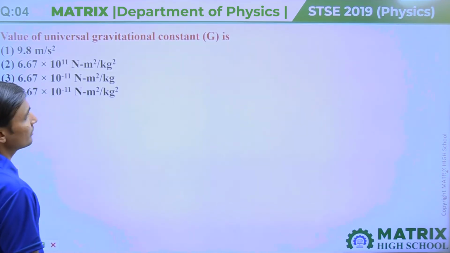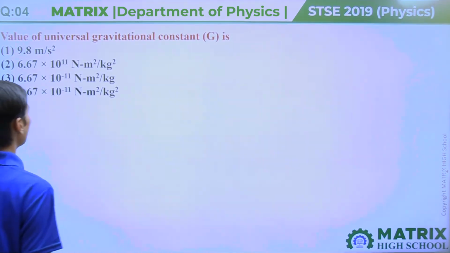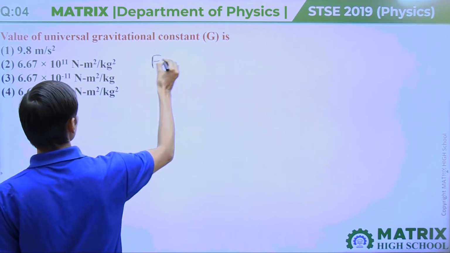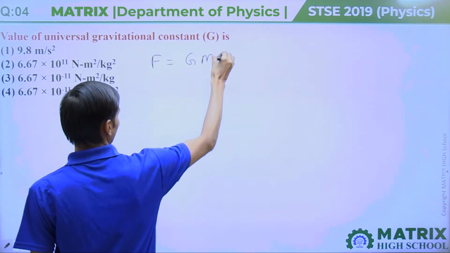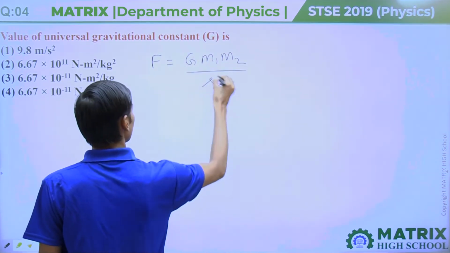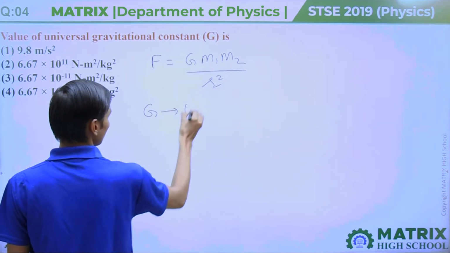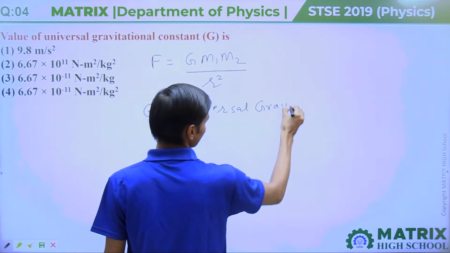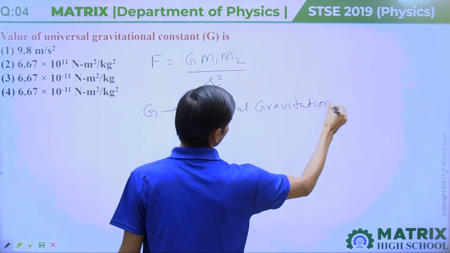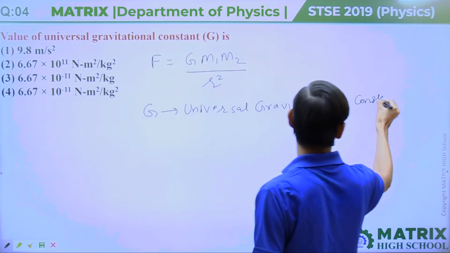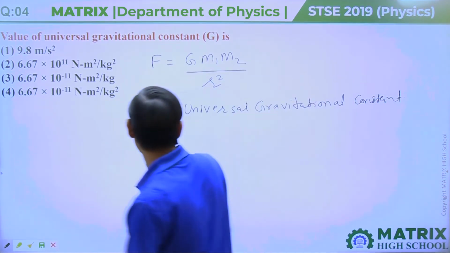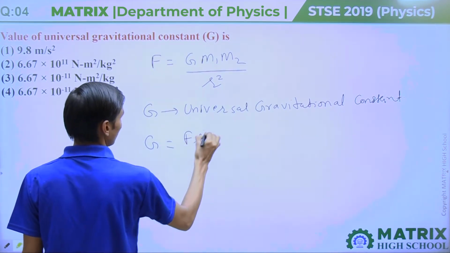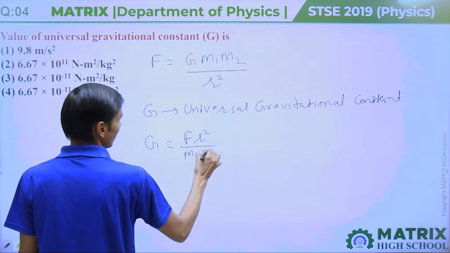Next, the value of universal gravitational constant. F equals G m1 m2 by r square, and G is the universal gravitational constant. So the unit of G will come, G equals F r square divided by m1 m2.